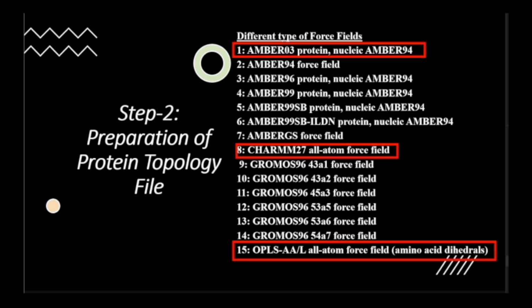In that case, you can use an OPLS force field. I highly recommend that you consult the literature before selecting the force field, to see what type of force field people have already used for a structure just like yours. So you select the force field, and the force field will prepare the topology file for you.